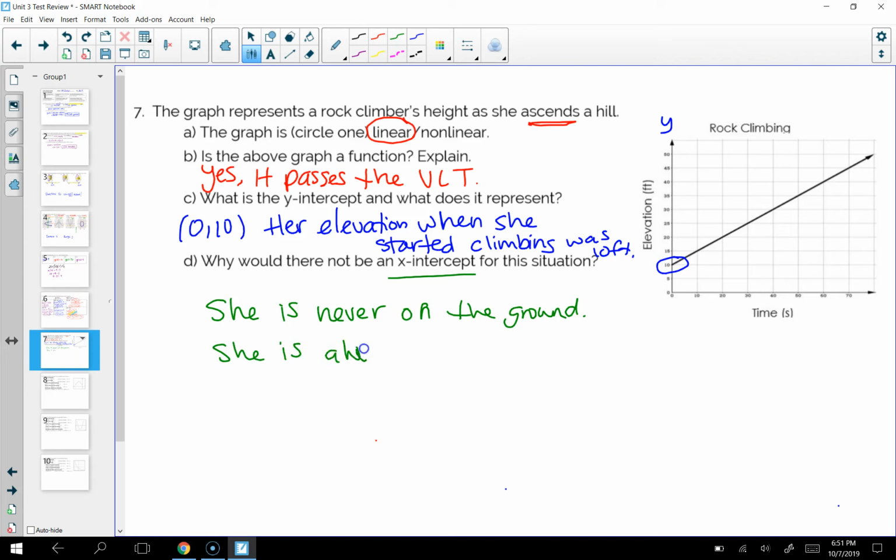She is always increasing her height. So she's not going to go back down to the x-axis anywhere because she is continually going up as time goes by.